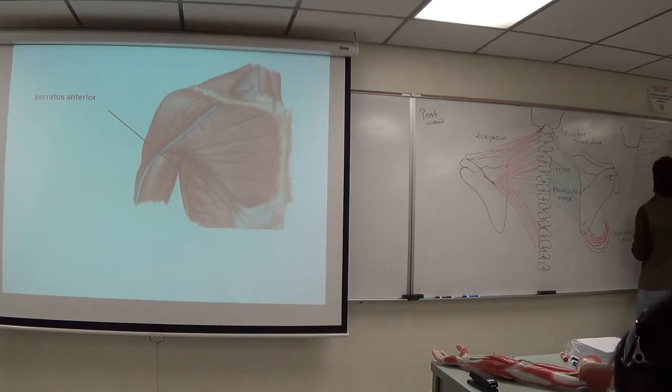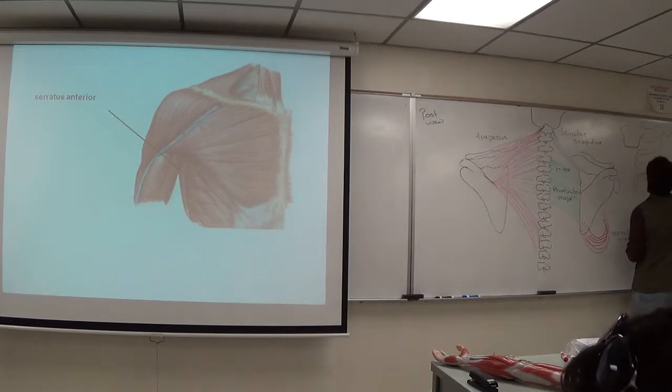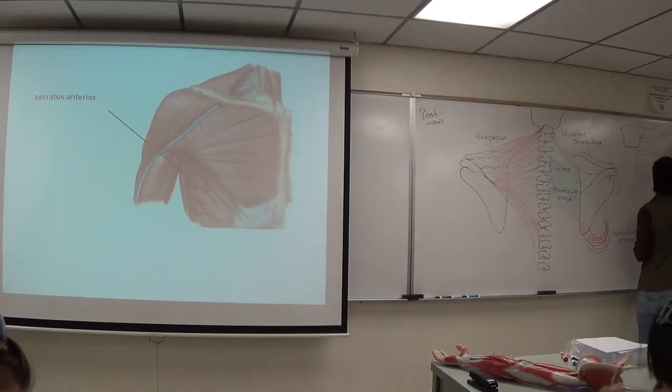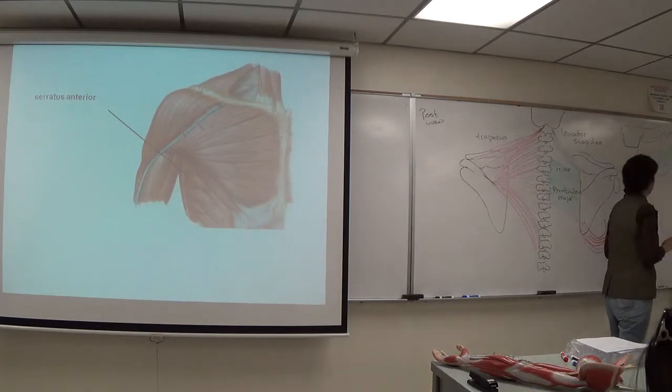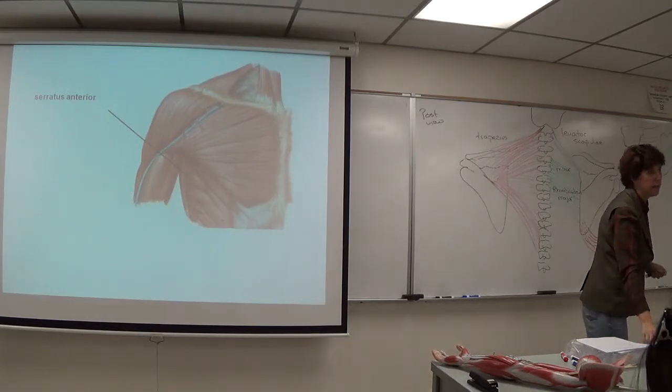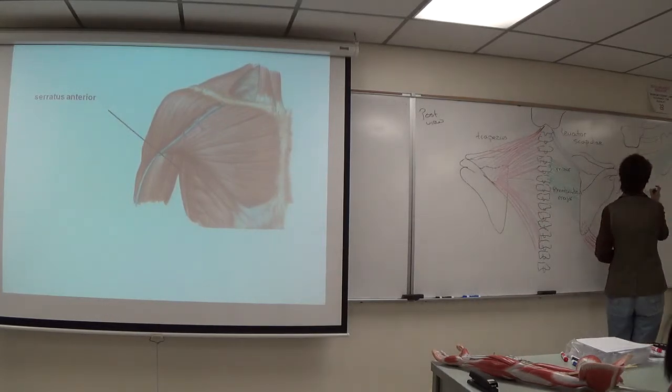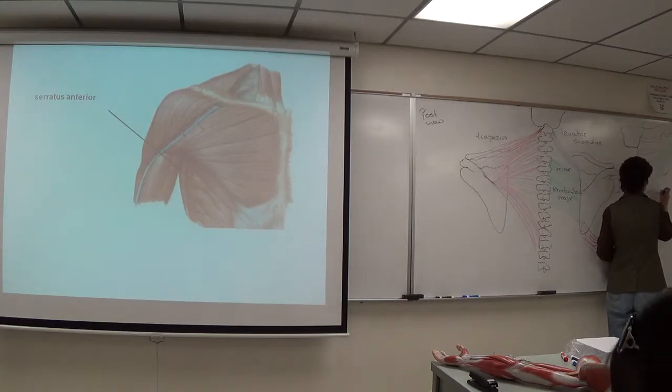So it's a small triangular muscle. And that's pectoralis minor. Okay, I'll show it to you on the breastplate again.